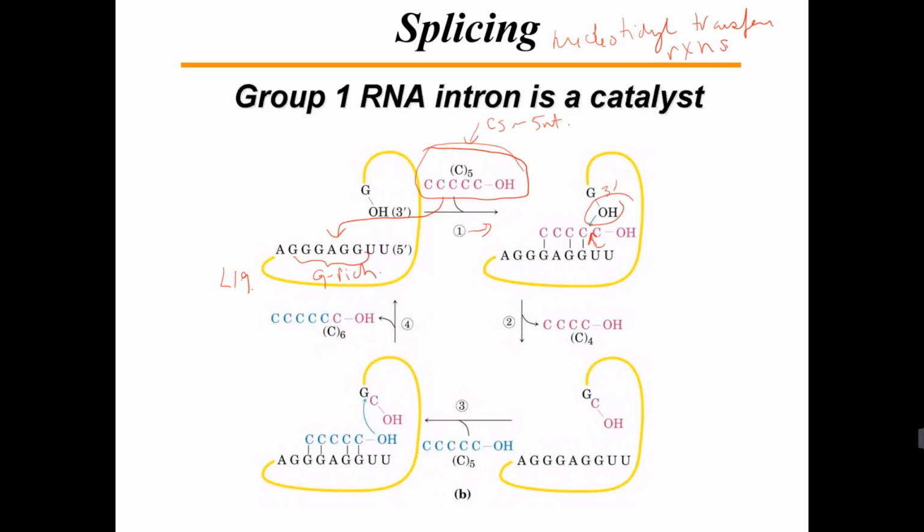So we get a first transesterification reaction, which then results in incorporation of one of the C's into that 3' end of the intron, okay, and release of the 5 C oligo, which has now been converted to a 4 C oligo.